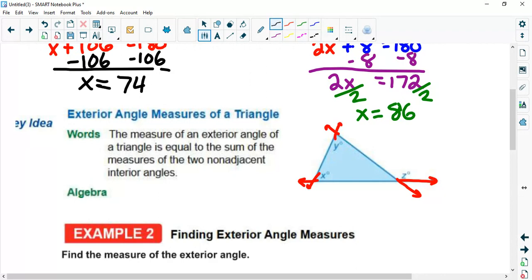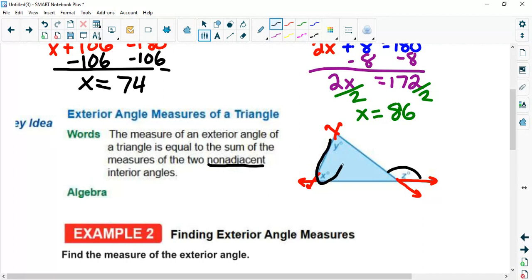In the case that we're going to talk about now, we're going to try to figure out how to find that angle that's in the exterior. Now it says that the measure of an exterior angle is equal to the sum of the measures of the two non-adjacent interior angles.